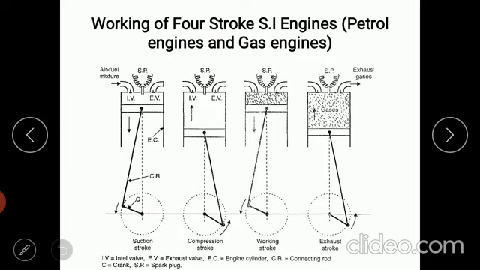During the compression stroke, the pressure of the air fuel mixture is increasing, so the gases will tend to move out of the cylinder if any one of the valves is kept in an open condition. With the help of the valve mechanism, we close both the inlet valve and exhaust valve for effective compression of the air fuel mixture. During the compression stroke, both the inlet valve and exhaust valve are in a closed condition, and the air fuel mixture is getting compressed.